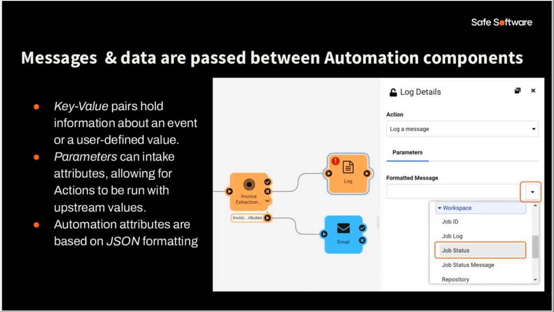So automation attributes are often JSON-based, so you'll see that formatting there. And a little bit more about this is that jobs can be split into smaller batches to be processed, which will improve efficiency. And just like how features are passed between Workbench components, messages can be passed between automation components.